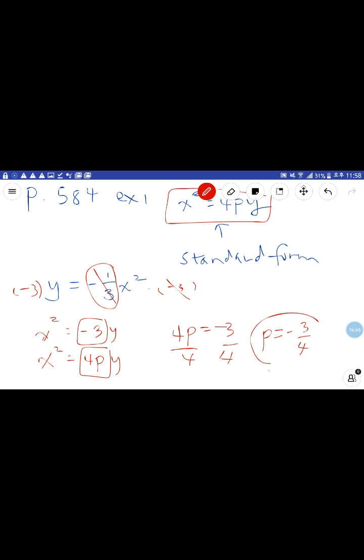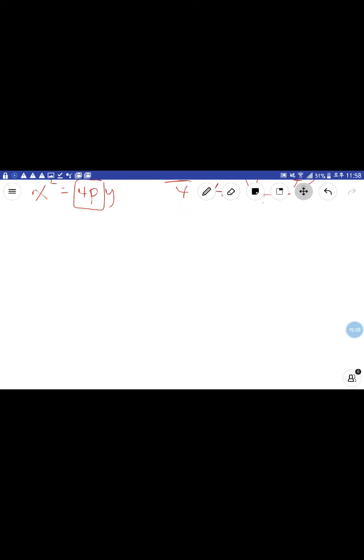So now, as I mentioned, this is x squared. So your parabola is what? Upward or downward? We can talk about that. But look, your p is negative. So your parabola opens what? Opens down. Okay? So you can expect that your parabola looks like this.